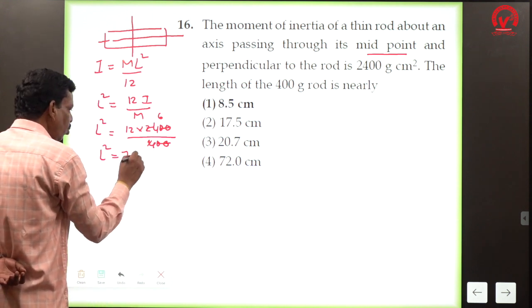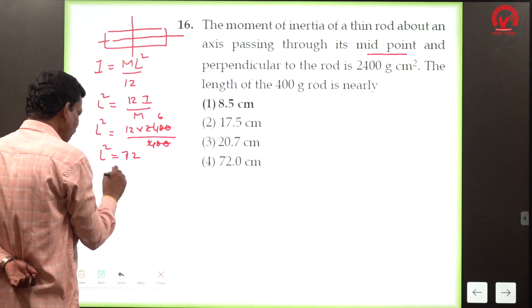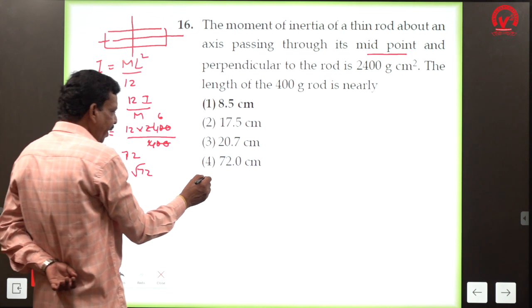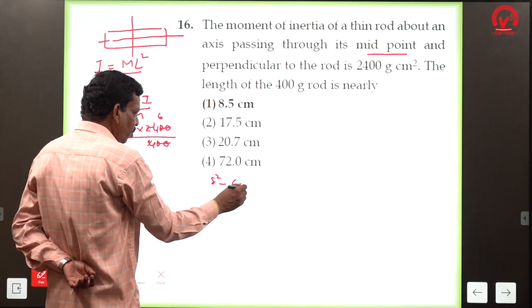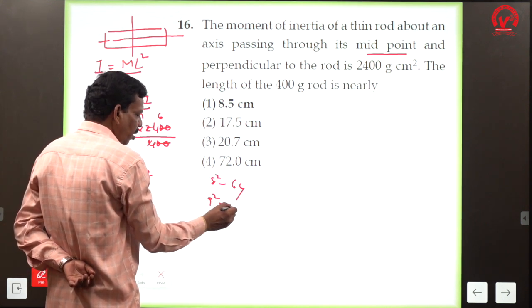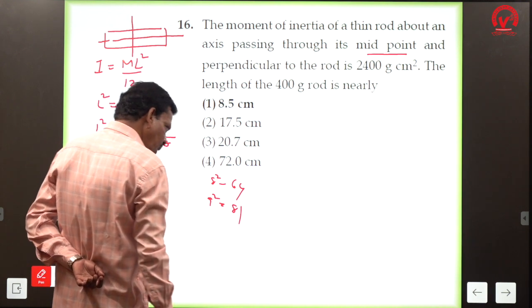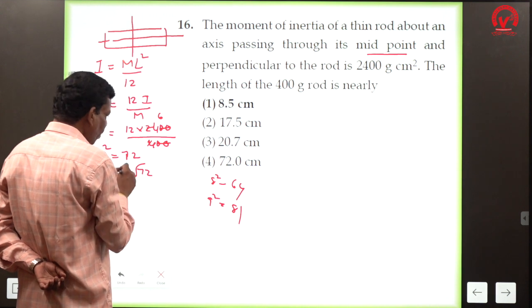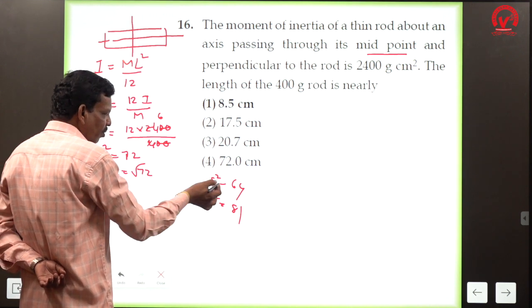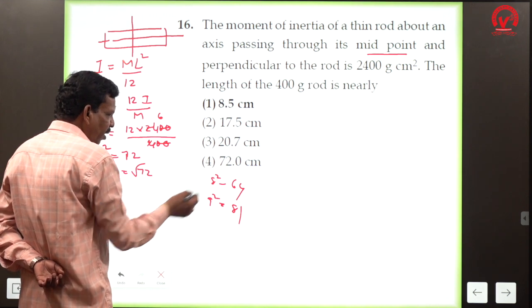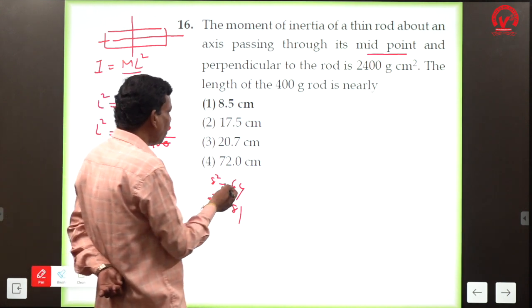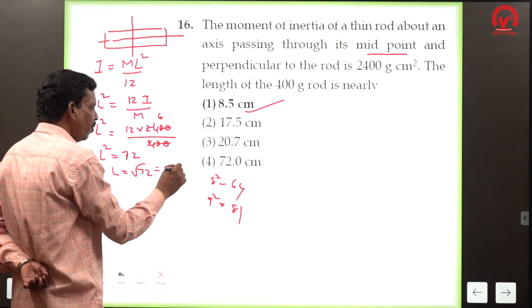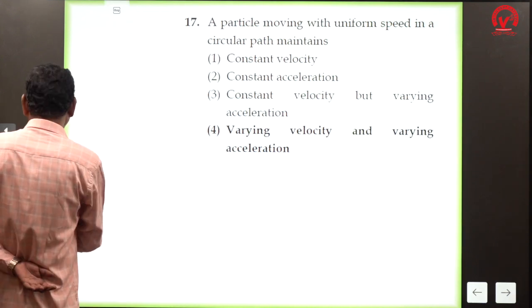L square is equal to 72. So L is equal to root 72. 8 squared is 64, 9 squared is 81. So L is between 8 and 9. Let us see which option we have. Okay, 8.5 centimeter.